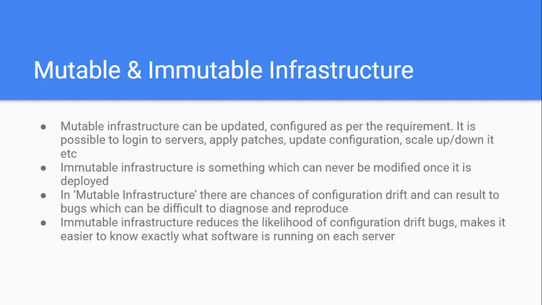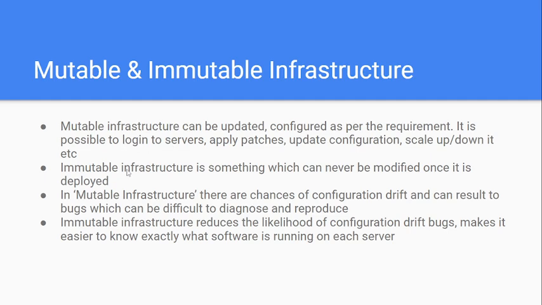But in immutable infrastructure, once it is deployed, until and unless you release a new version and test it, you should not deploy it. Or, without releasing a new version, some changes were done on a production system. That is mutable infrastructure.